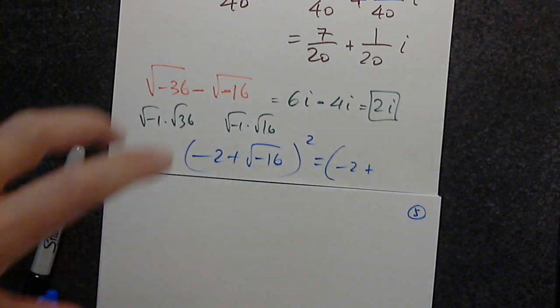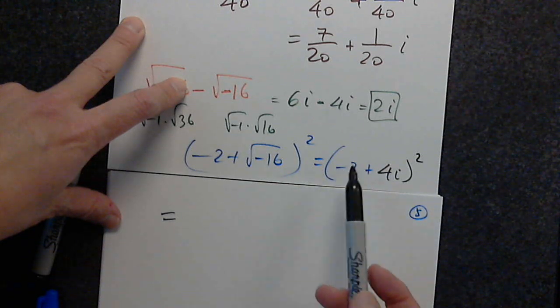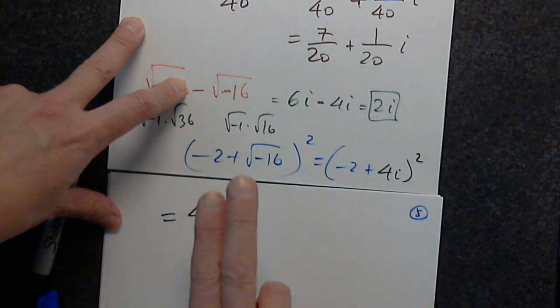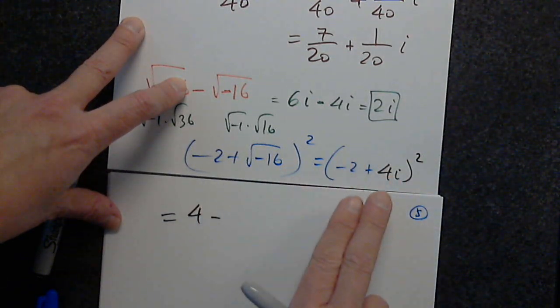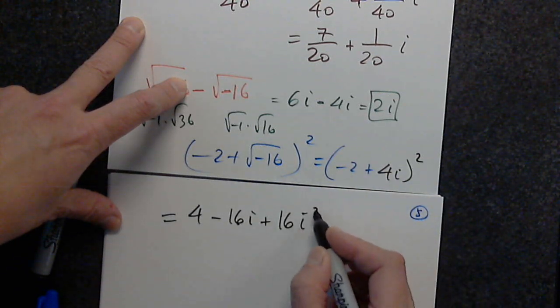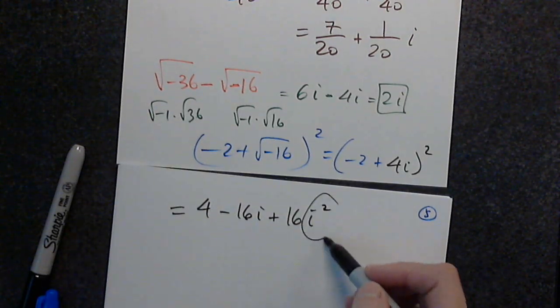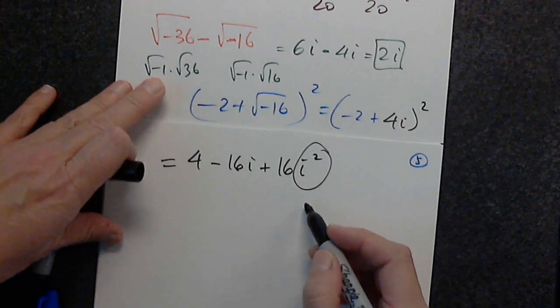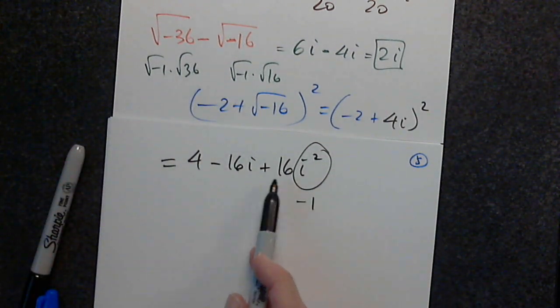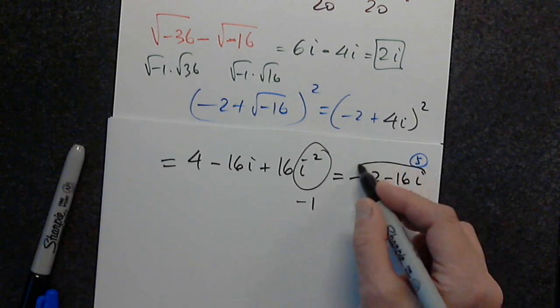Exactly. So 4i squared, and now I square the first term, minus 2 times the first times the second, 16i plus 16i squared. This has to be replaced by? Good. So negative 16 plus 4, negative 12 minus 16i.